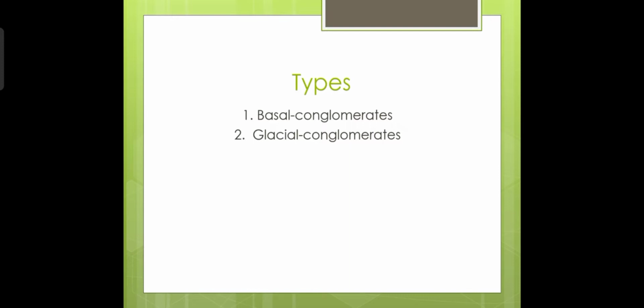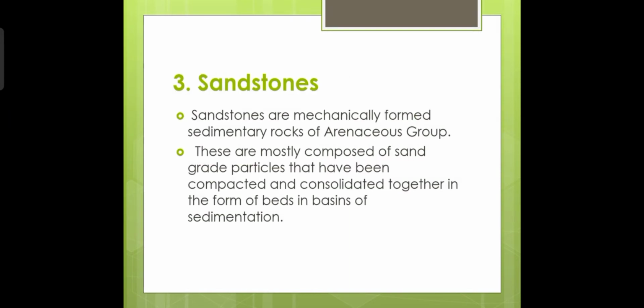The sediments deposited directly by a glacier are typically poorly sorted matrix supported conglomerates. The matrix is generally fine grained, consisting of finely milled rock fragments.